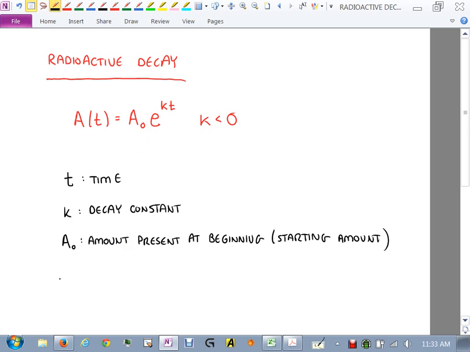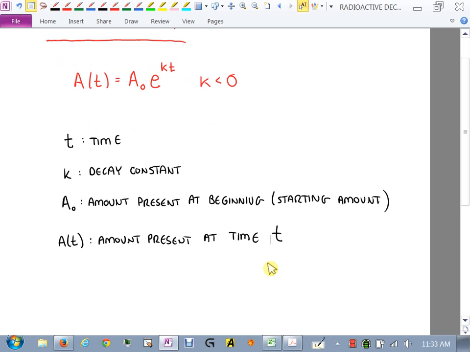Now, A of t is the amount present at time t. So the left side of this function, what comes out of the function's value, it gives you how much of the stuff is there after a certain amount of time has transpired. Understand?